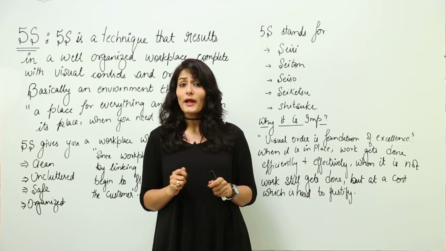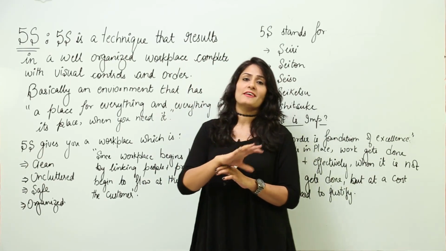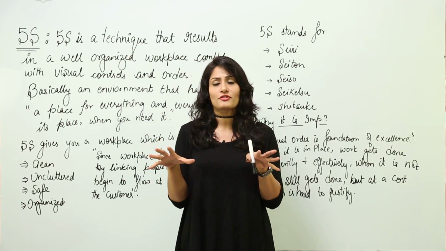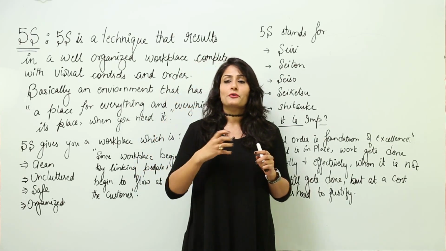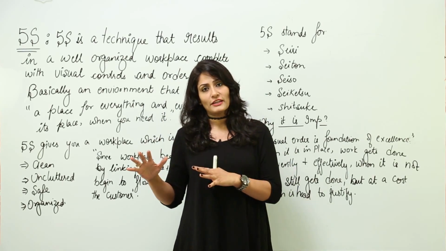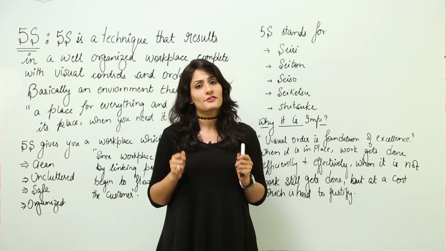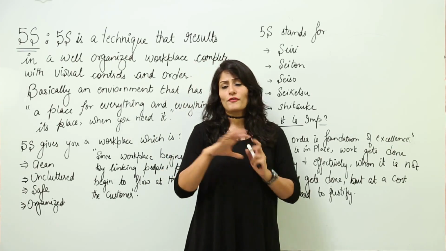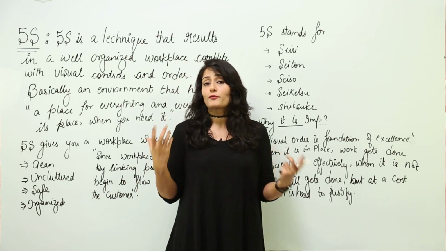Starting with 5S, basically 5S is an operations management system or a workplace management system where you try to improve your workstations by getting everything in its place. Just think of a workstation where all the tools are cluttered, and you know what would happen.